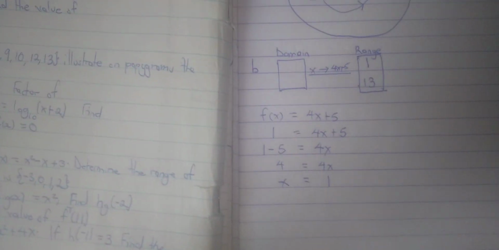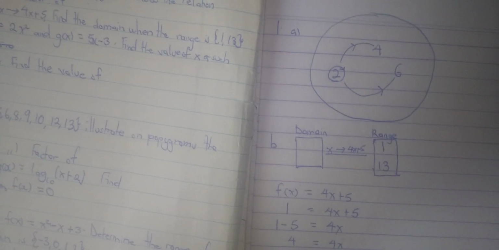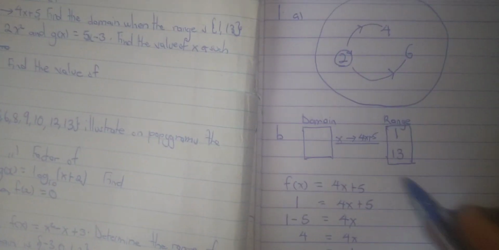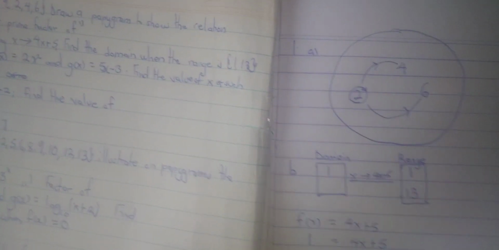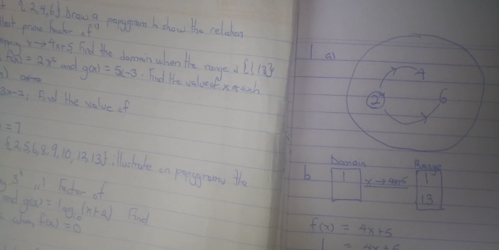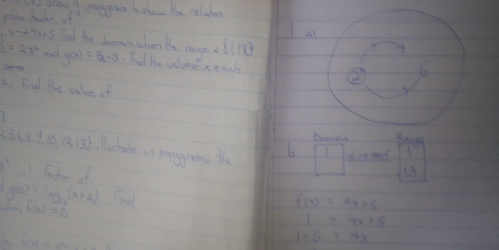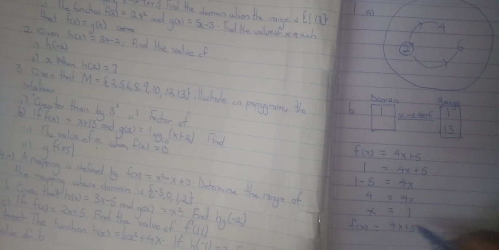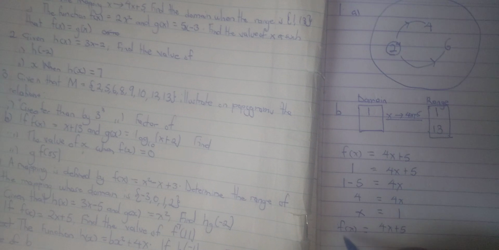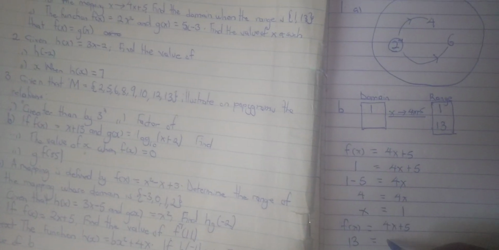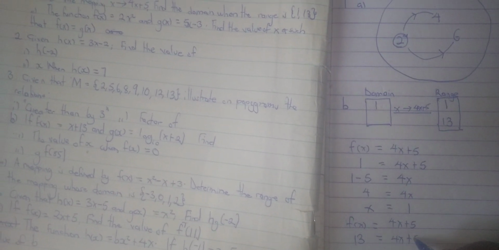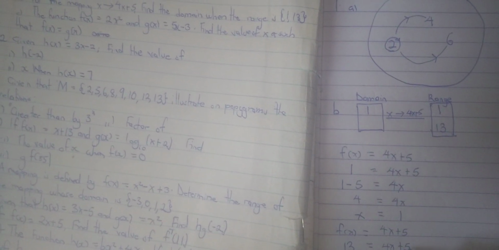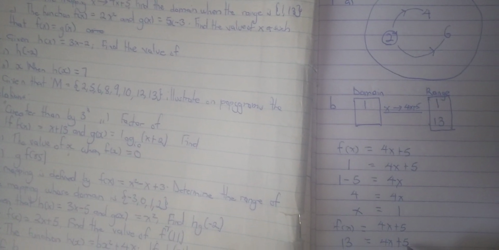Alternatively, someone else can use another method, but let me just use this for simplicity, then we shall move on. Then we have here negative 1. Then we have still f of x giving us 4x plus 5. So taking 13 now, we shall have 13 equals 4x plus 5. We shall also make x the subject.